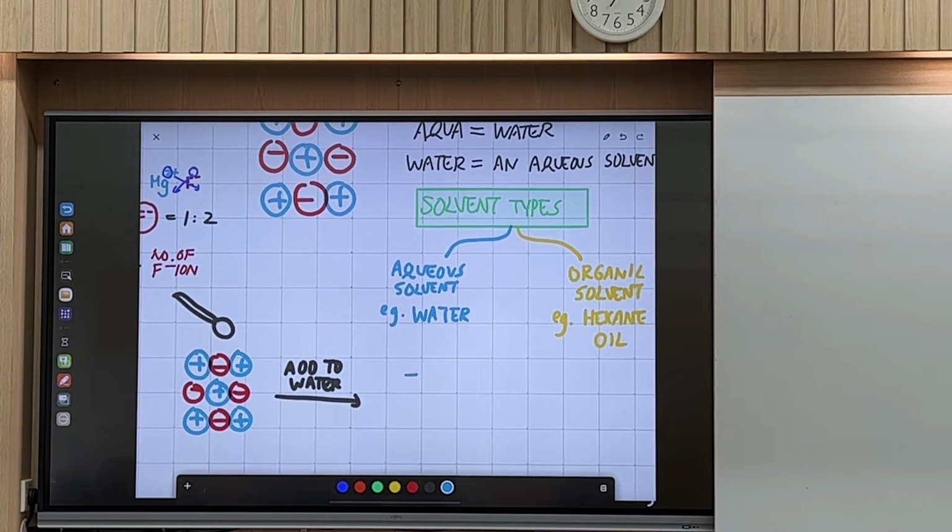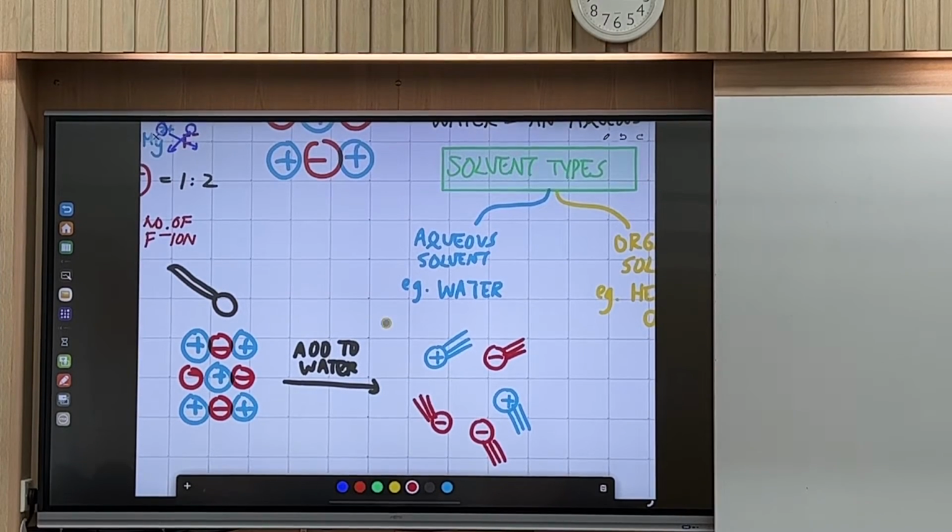So you will now have a bunch of freely moving ions. The explanation is too difficult to explain to you at this point, so just know that when you add water, all the ionic bonds are broken. These are ionic bonds in green. The ionic bonds are broken, and you will end up getting a bunch of freely moving ions.